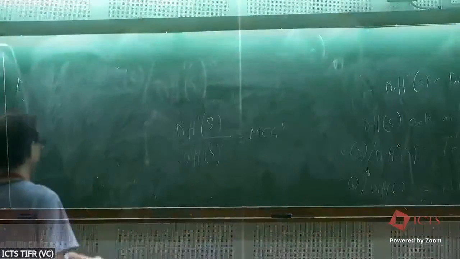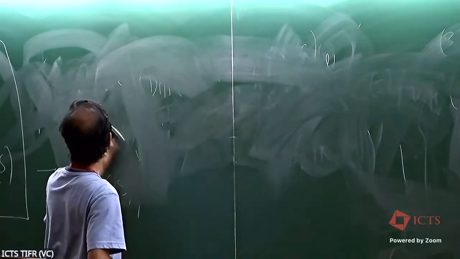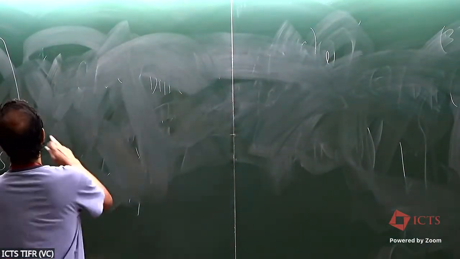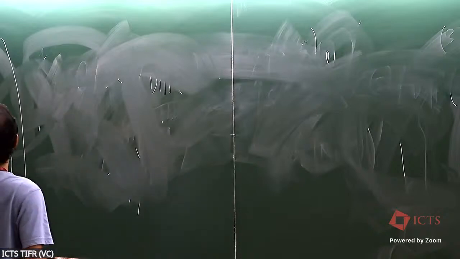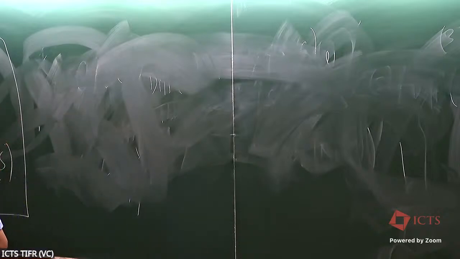So the universal Riemann surface, and now look at this quotient. This quotient group acts on this.